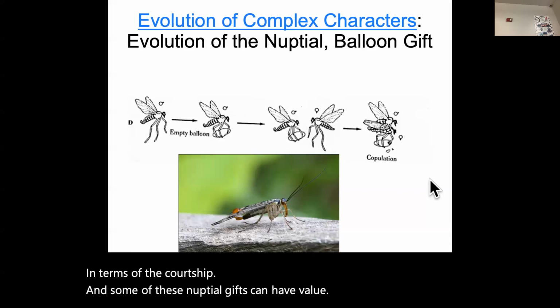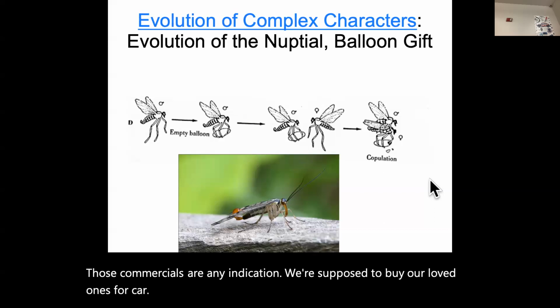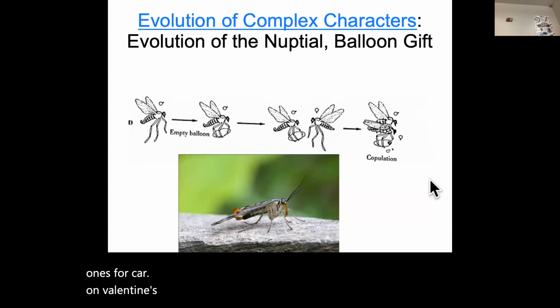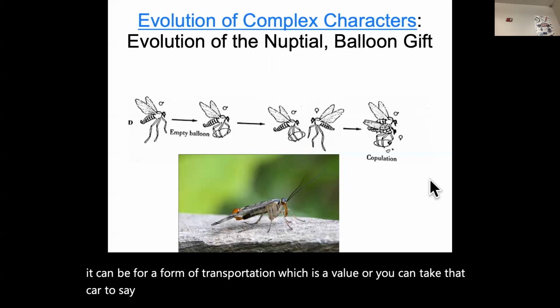You know, if commercials are any indication, we're supposed to buy our loved ones a car on Valentine's Day. Well, a car has value. It can be a form of transportation, which is of value. Or you could take that car and say, thanks, I already have one, and sell it, which is of value. And both of them provide very clear value.